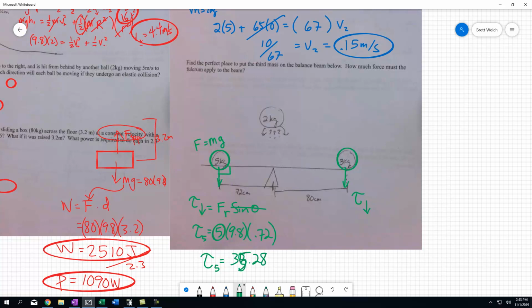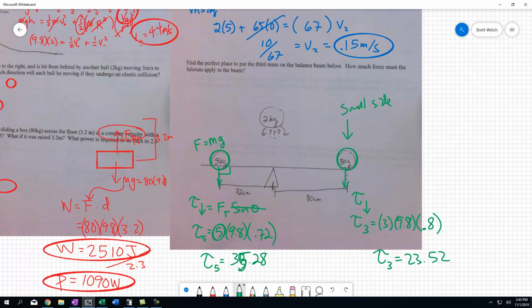Okay, over here when I do the torque of the 3 kilogram, it's again 3 times 9.8 times a radius of 0.8 meters, and so the torque of the 3 kilogram mass is 23.52.